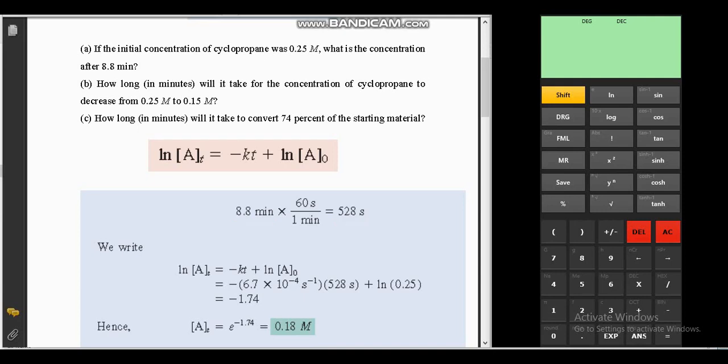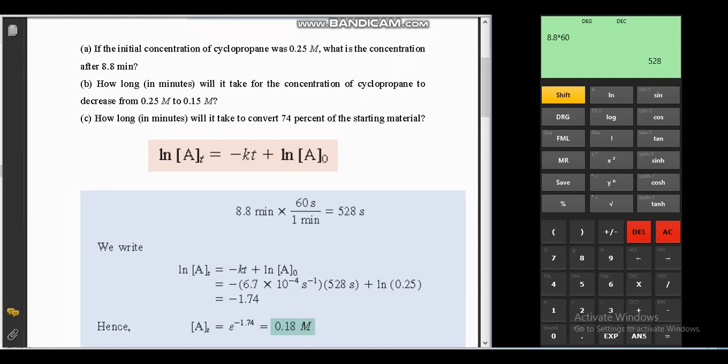We just need to multiply 8.8 by 60 seconds. Then we get the answer, that is 528 seconds. If the K value was in minutes, then we would have had no need of converting the time.